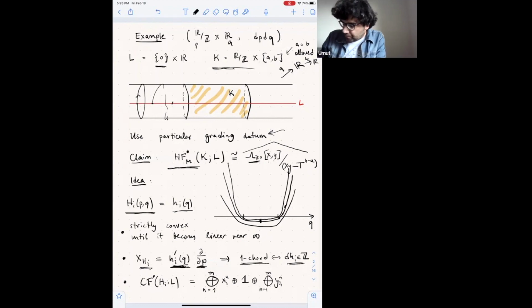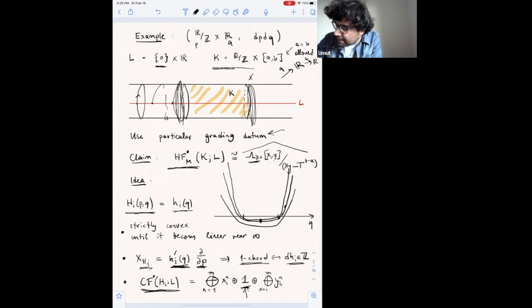So now, each of these Lagrangian Floer homology complexes generated by one chords will look like this, where I will always have this derivative being equal to 0, which I will call 1. And then I will have some chords that are happening near here and that are happening near here. The ones that are happening near here, I will call x.